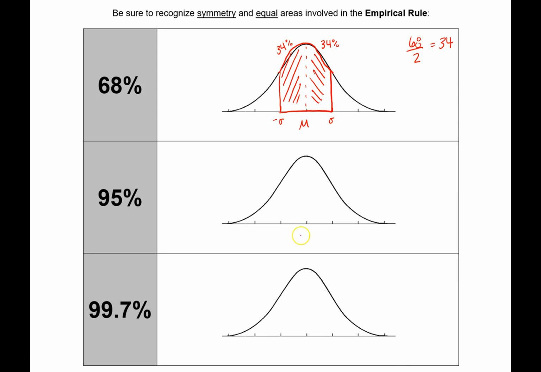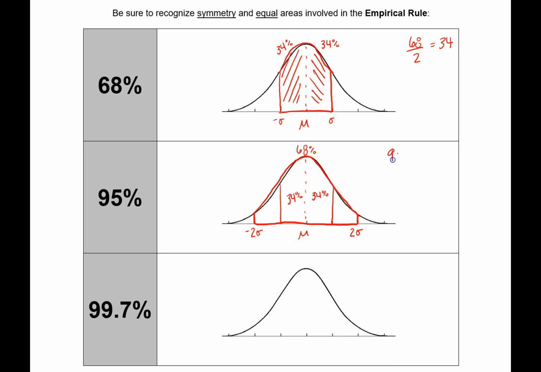If we're looking from the middle, which is our mean, 2 standard deviations to the left and 2 to the right, we have this middle section that's 34% and 34% to make our 68% total. And if we shade all of that middle area within 2 standard deviations, that's going to be our 95%.